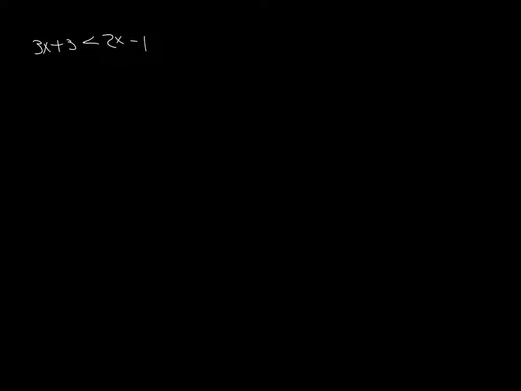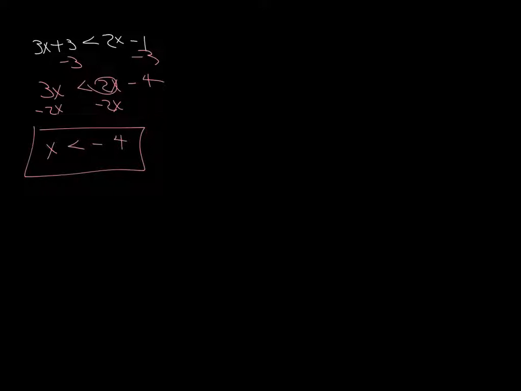So we're just going to do everything the same way. Subtract 3, subtract 3, and just ignore that inequality sign right now. Okay, we're going to bring this over by subtracting. x is less than negative 4, and we're done.